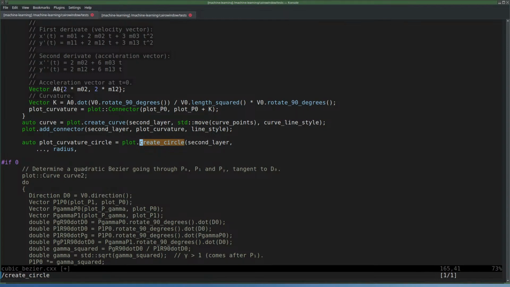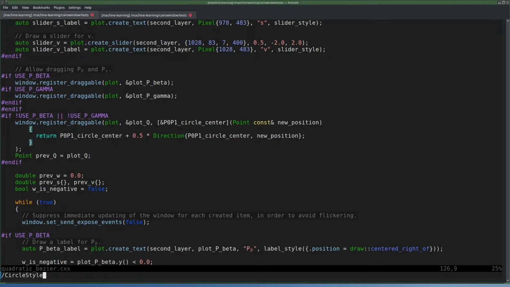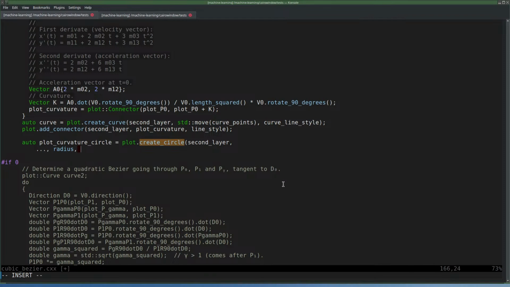Do I not have a circle style? What the F? Just using a line style here. No. My line style is dashed. It's probably not what I want.